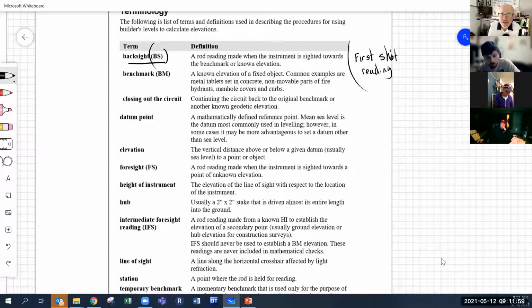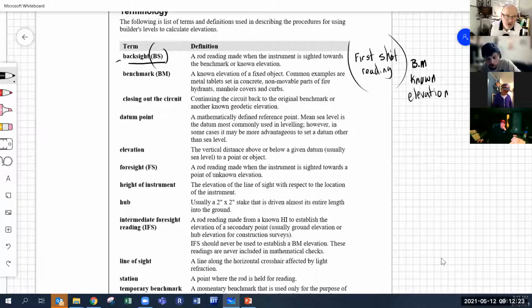The back sight is always the first shot or reading from a benchmark or a known elevation. So the back sight is the first shot that you take all the time from a known elevation.